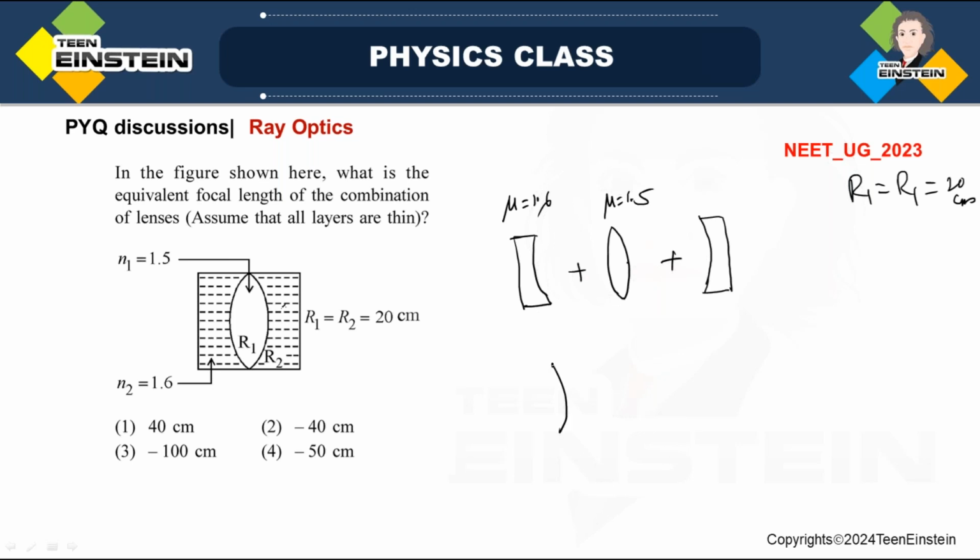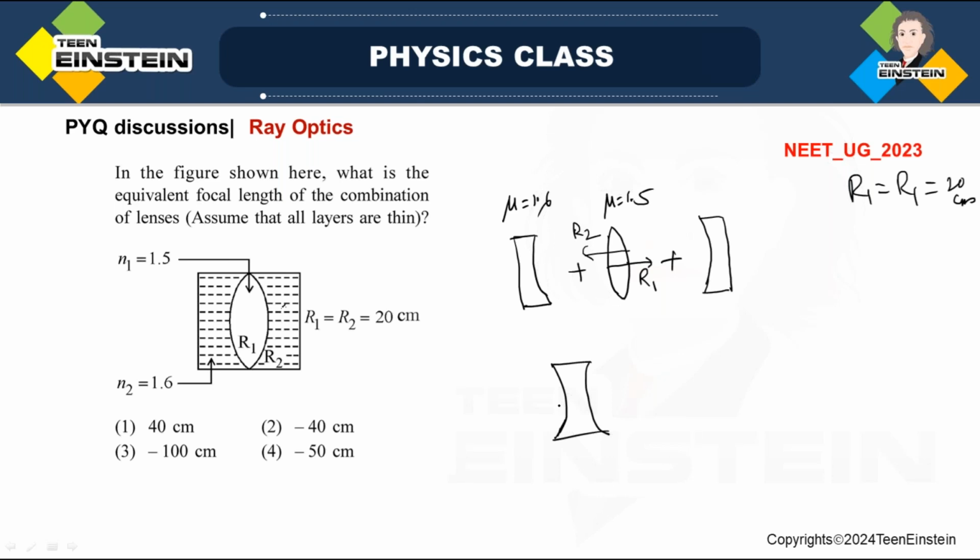So generally we have two curvatures, or two curved parts of two different spheres, for a lens, right? For this, we take this as R1. This radius of curvature of this surface is taken as R1, and this surface we take as R2.